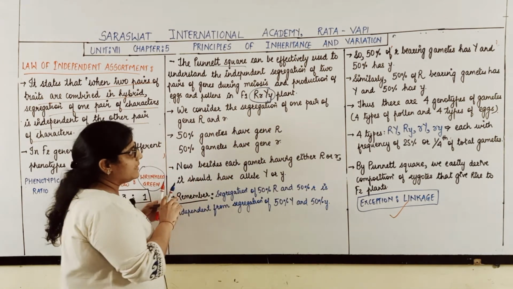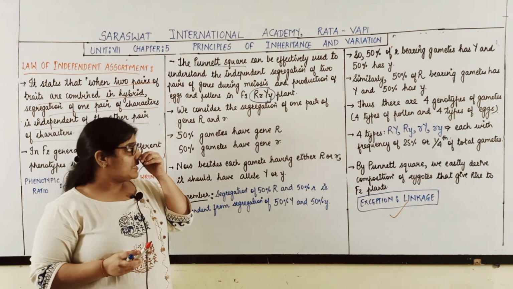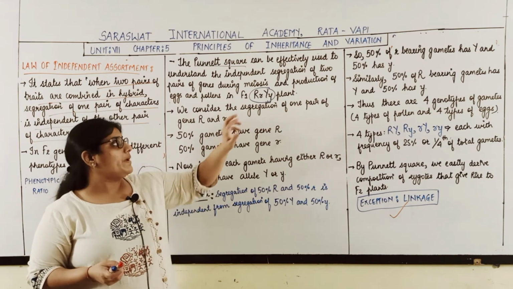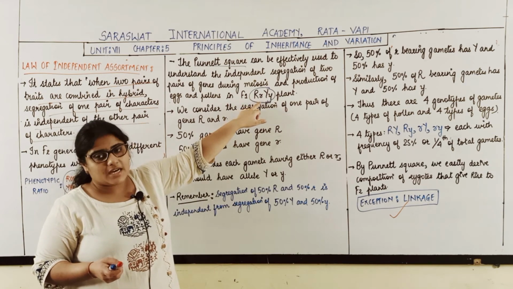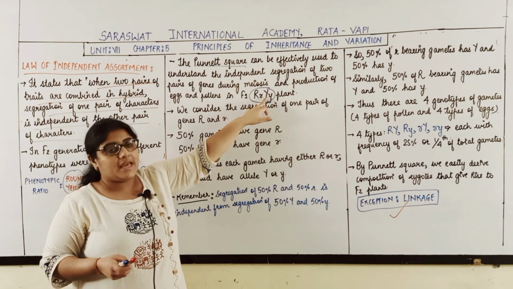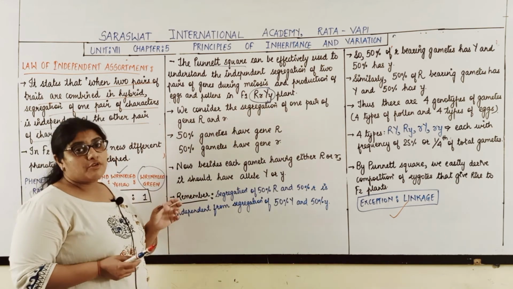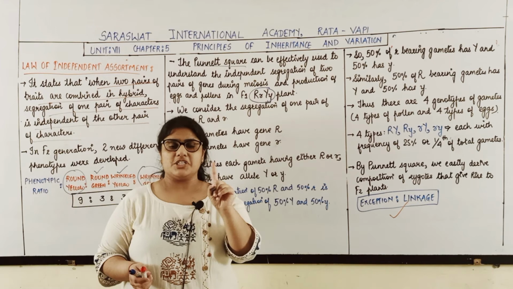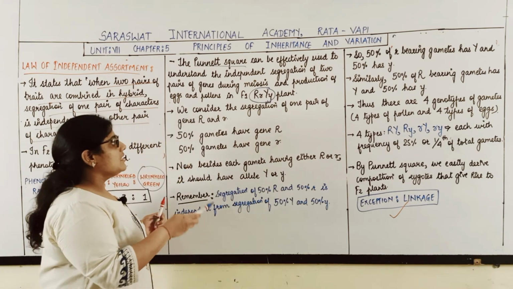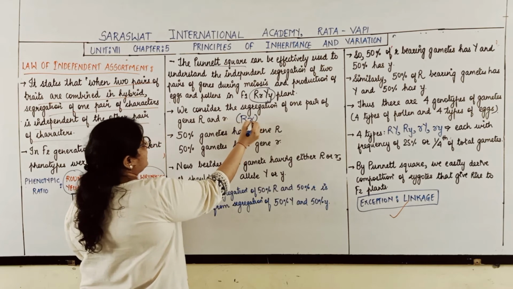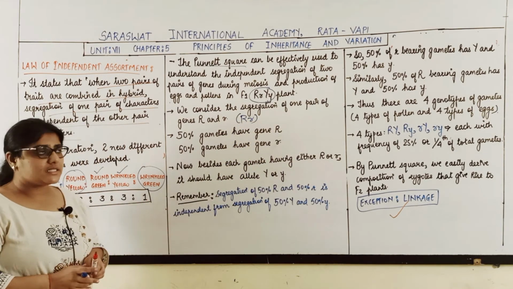Now students, say for example this is an F1 plant, right? Now in this F1 plant, how many pairs of genes are there? Two pairs. One pair is capital R, small r, and another pair is capital Y, small y. First of all we will deal with the segregation of one pair of genes. Suppose we consider one pair as capital R and small r.